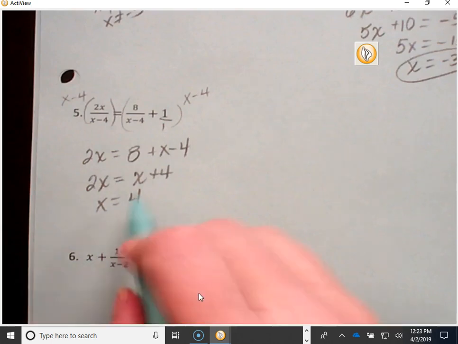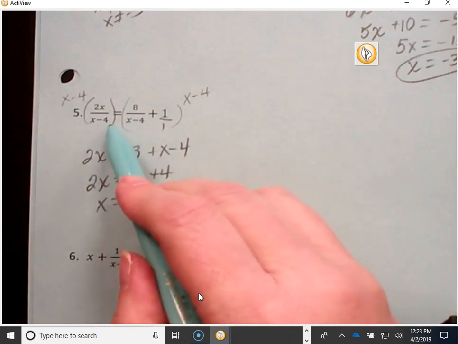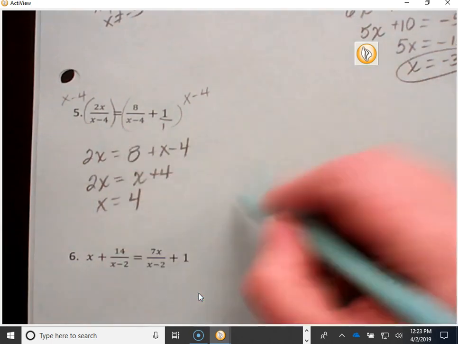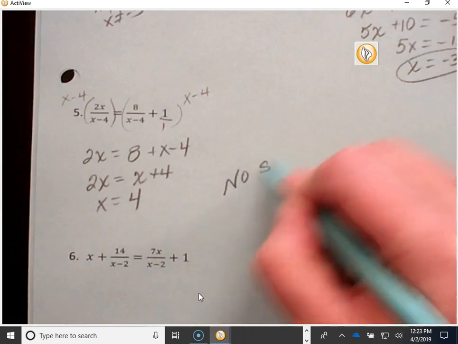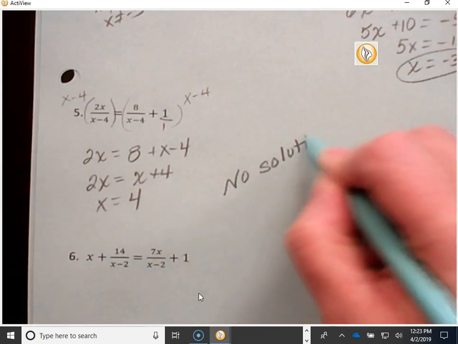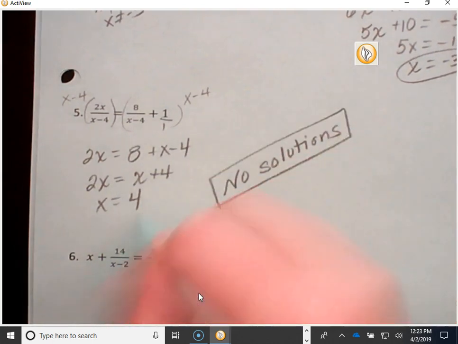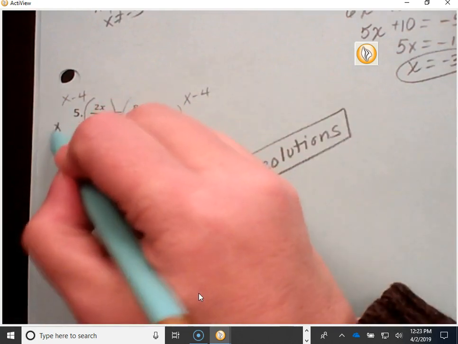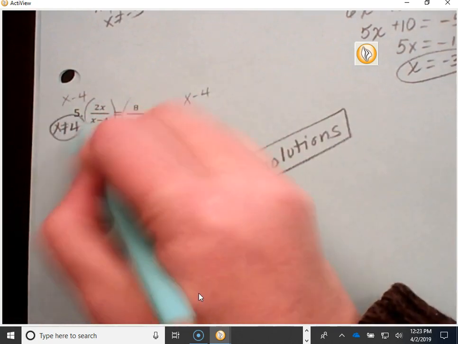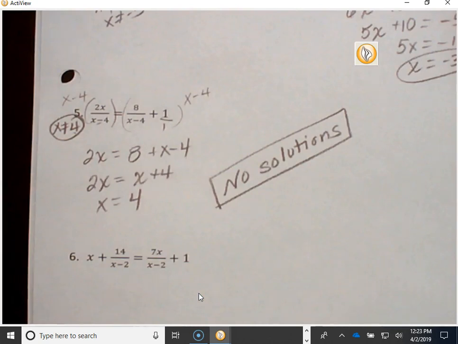Well, could it be 4? If I put 4 in, I get a 0. So this actually has no solutions, because this is extraneous. Because up here we find out that x cannot equal 4, because if we put 4 in, it makes the denominator 0. So there's no solutions to that one.